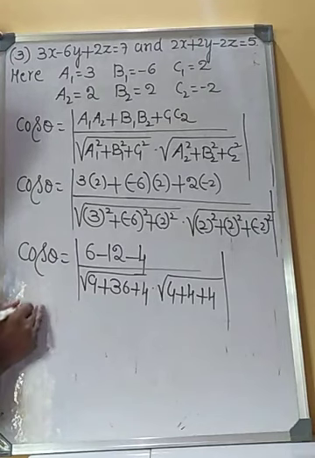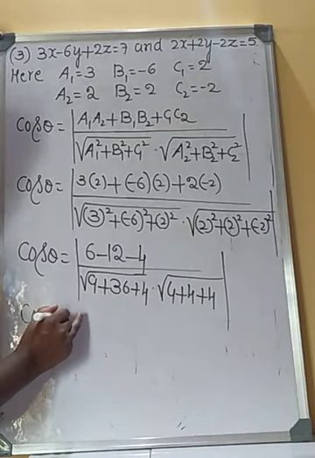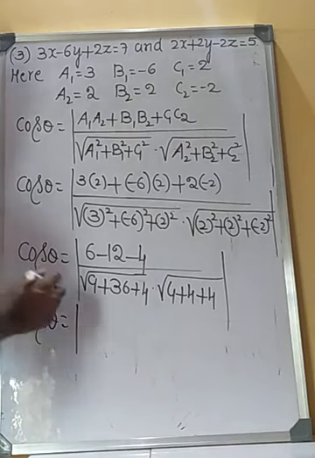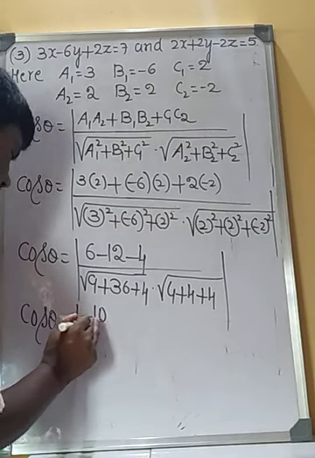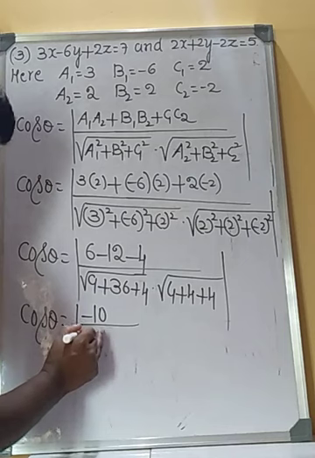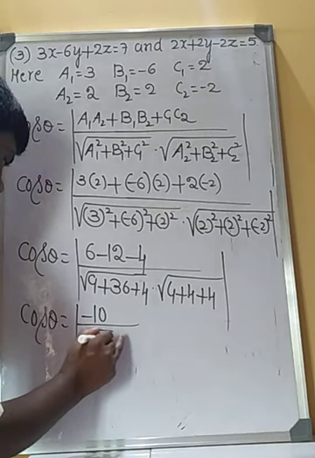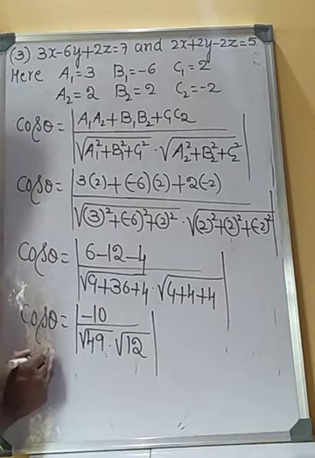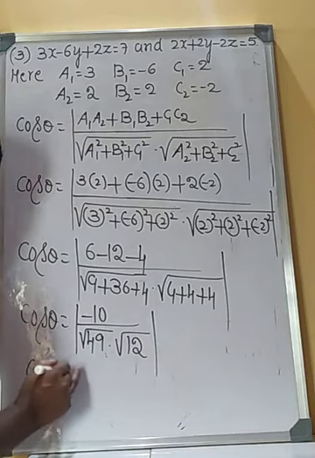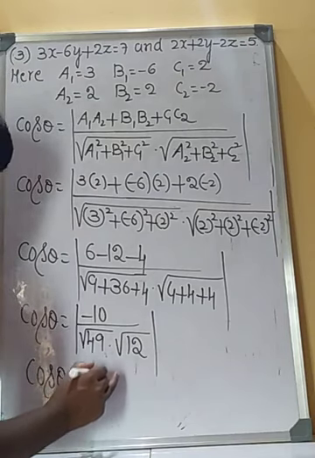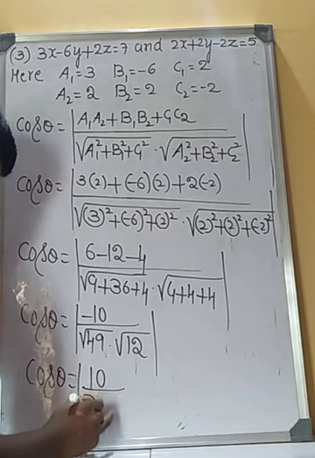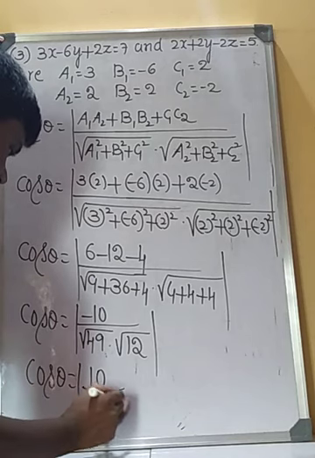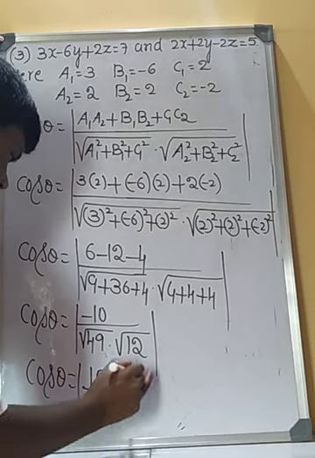Therefore, cos theta is equal to magnitude of minus 10 dividing by root of 49 into root of 12, which is 10 dividing by 7 into 2 root 3.